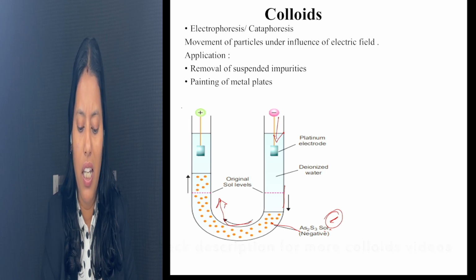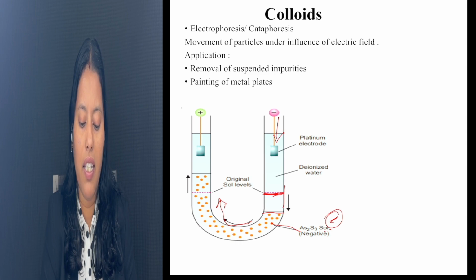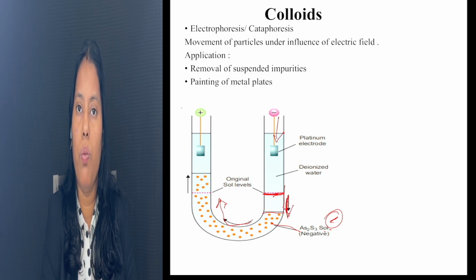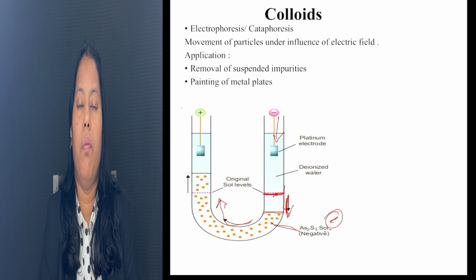And you can see the sol level, which was at this point, is increasing on the other side and decreasing at this side. So this property can be used to remove suspended impurities. If you apply the electrical potential, under the influence of this electrical field the impurities move to the other side and get separated out from the solution, and you can get the clear liquid.